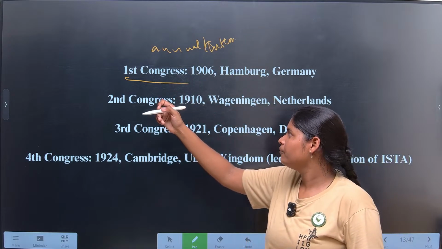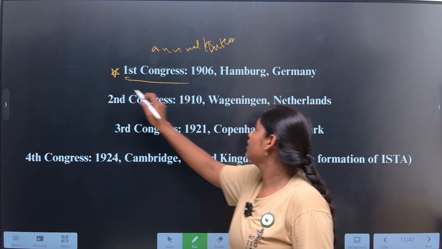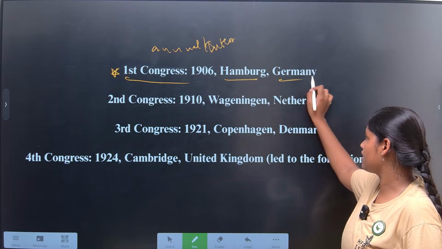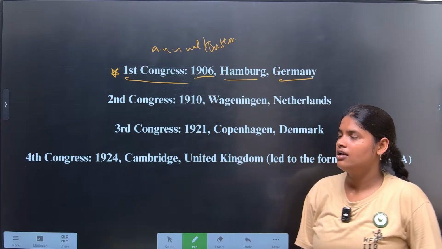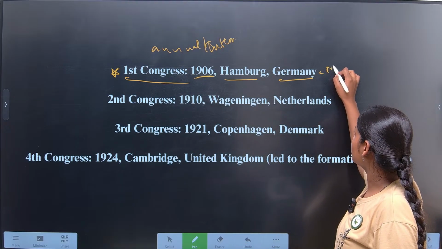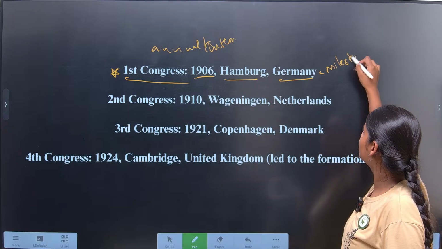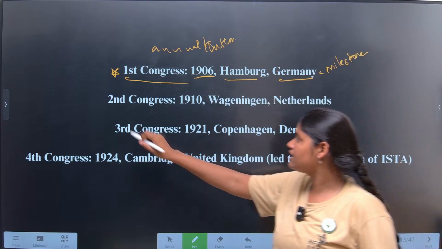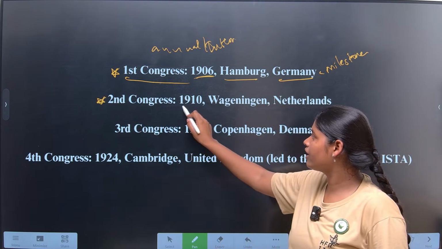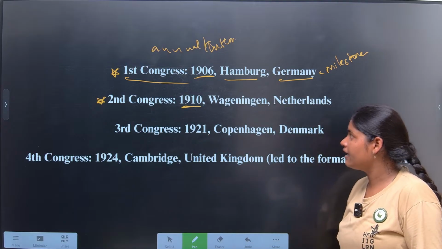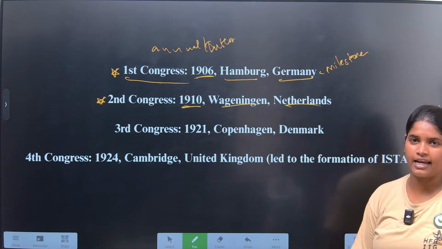Congress means meeting. The first congress was held at Hamburg, Germany, in 1906. It is the milestone. The second is also important, held in 1910 at Wageningen, Netherlands.